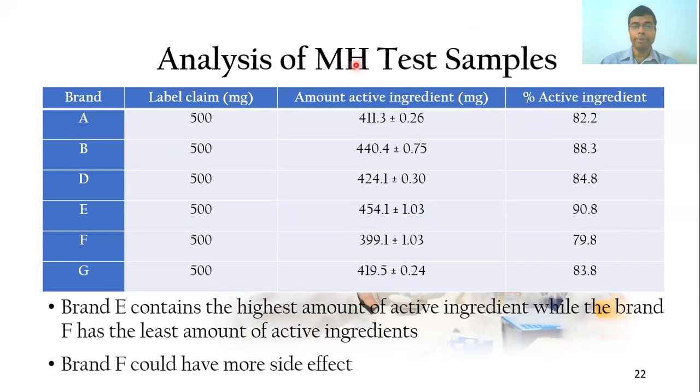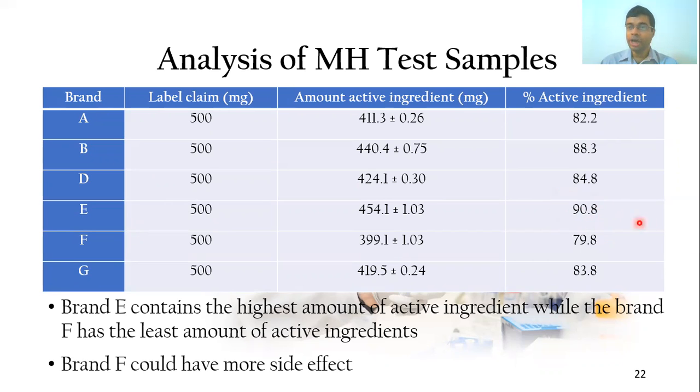Once we come to the MH, then we observed some special things. For example, for brand A, the concentration is 82.2%, and brand E, it is 90.8%.